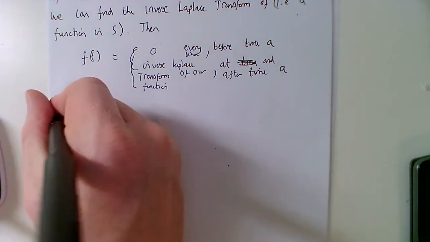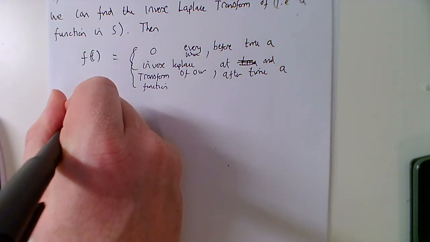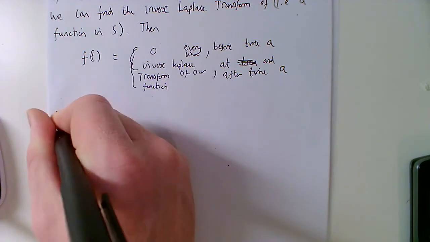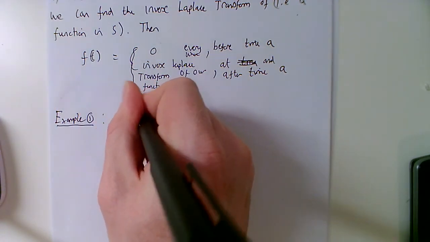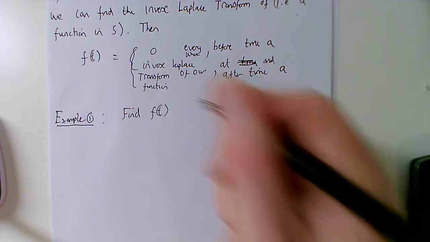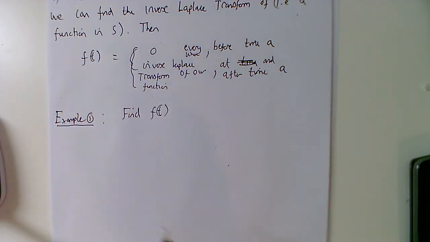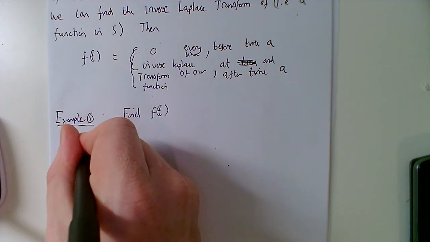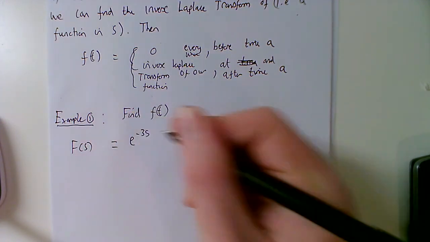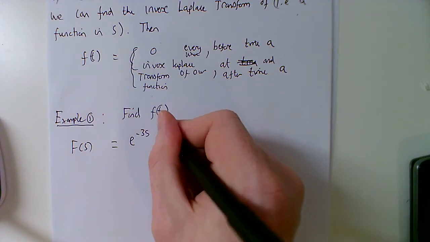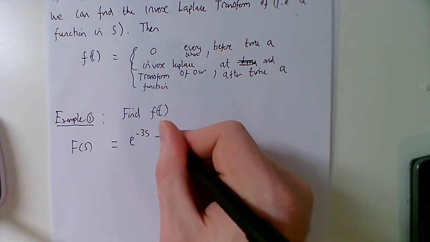Right, so example 1. Find f of t. So that means find the inverse Laplace transform. F of s equals e to the power of negative 3s times 1 over s squared.